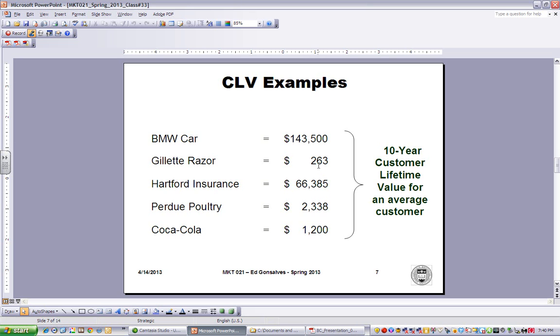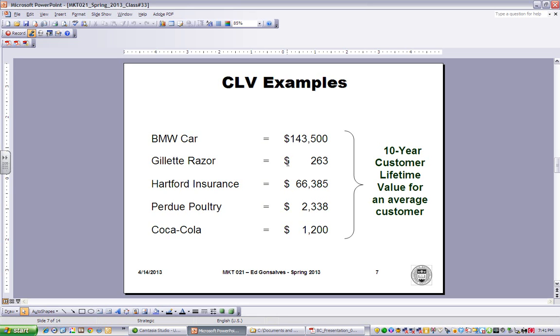This number here, being a Gillette customer and using the razor, seems low to me. That would mean on average you spend $26 a year on blades. I think I spend more than that, sadly. You've got insurance, right? I think the Hartford has not only home insurance, they have life insurance, property, casualty, theft, those types of things. Over a period of 10 years, you think about annual life insurance payments, annual property insurance, car, all of that.